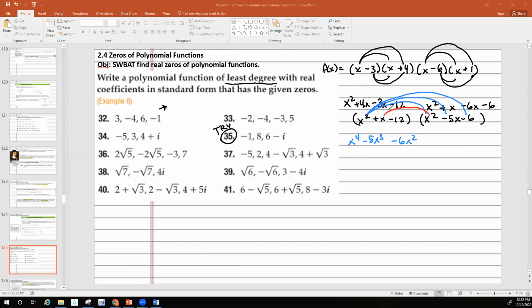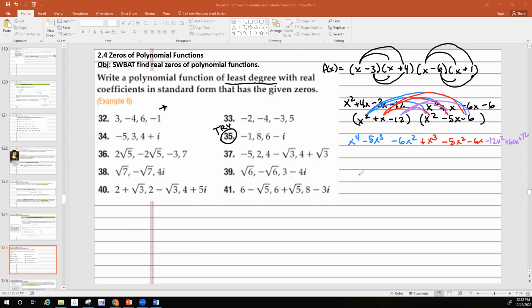And x times x squared is x cubed. x times negative 5x is negative 5x squared, and then x times negative 6 is negative 6x. And then last but not least, negative 12 times all those: negative 12x squared, positive 60x, plus 72.